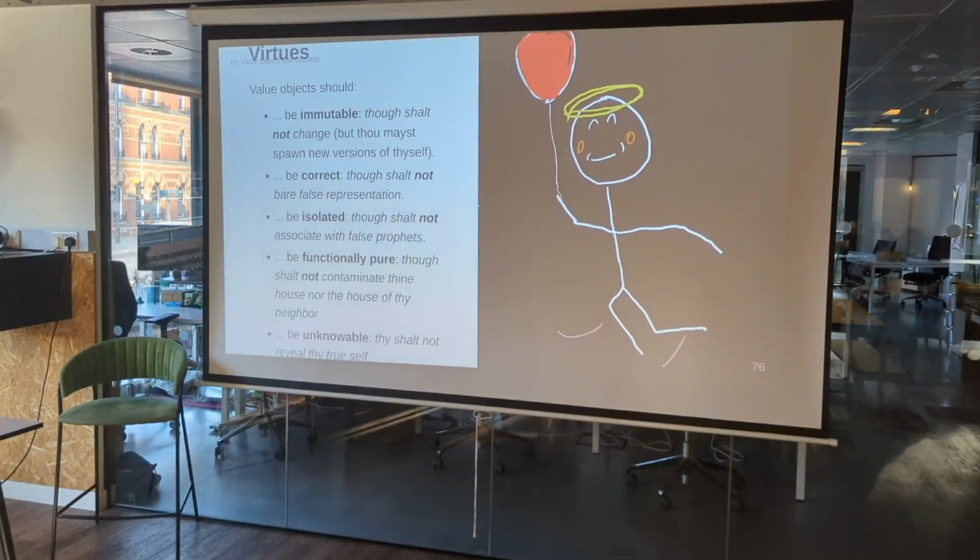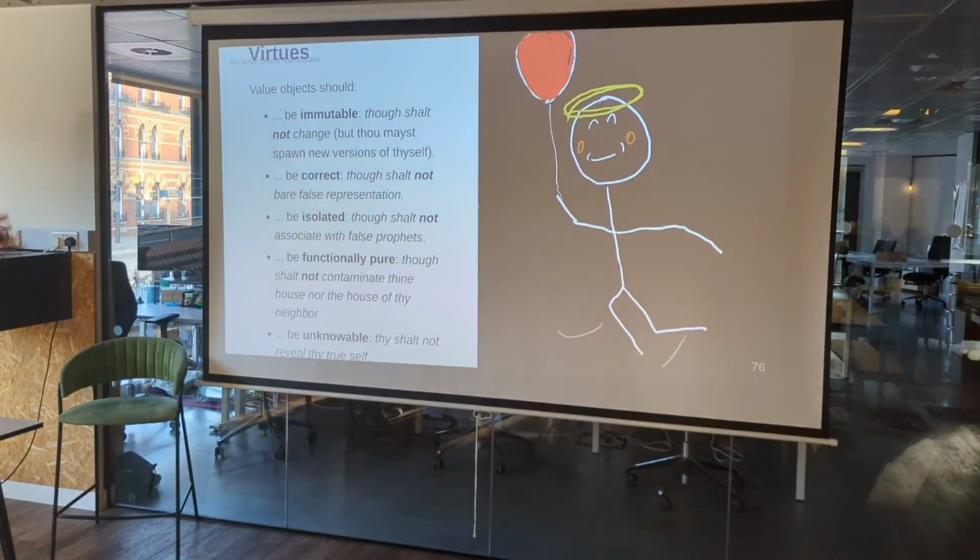And be unknowable. Thou shalt not reveal thy true self. So what this means is, when you're calling a value object, you should have no idea how it's internally represented, right? This is why we make the constructor private, so that we don't say new Color RGB and then from HSV or from HSL or whatever.